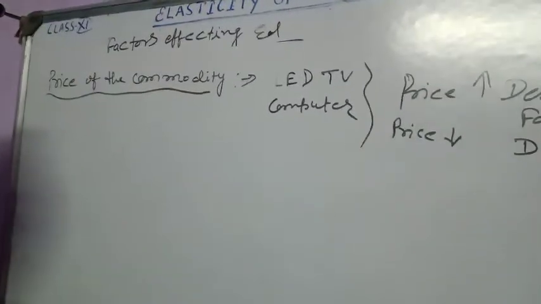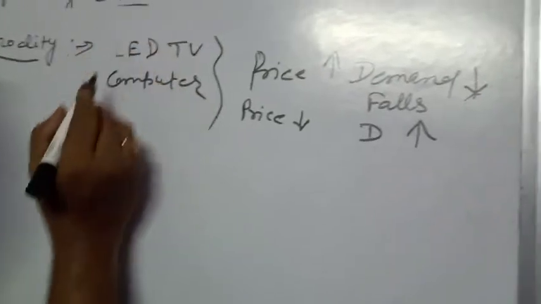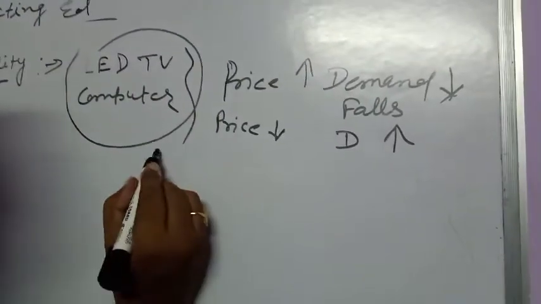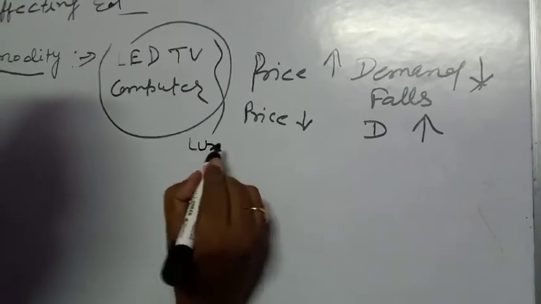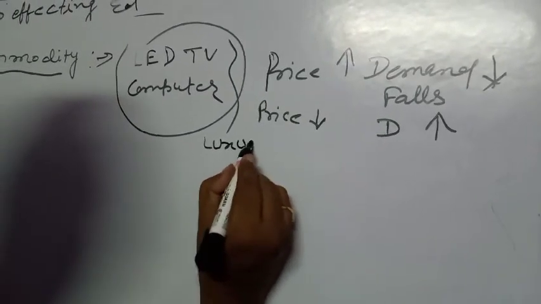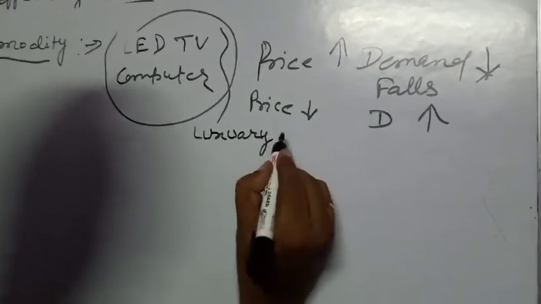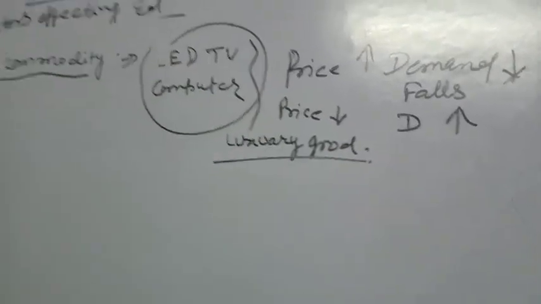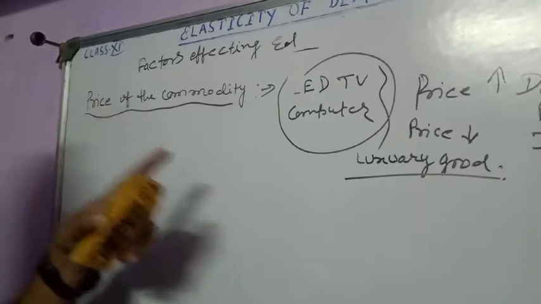So price is the most important factor for comfort and luxury goods. These come under luxury goods, so these goods are directly affected by price.